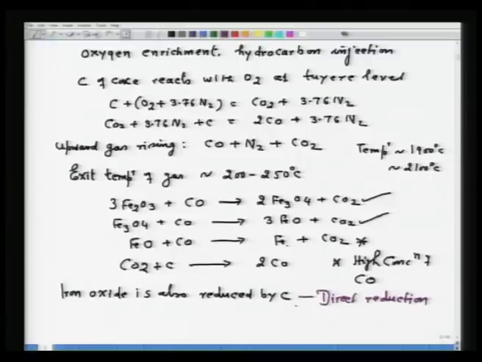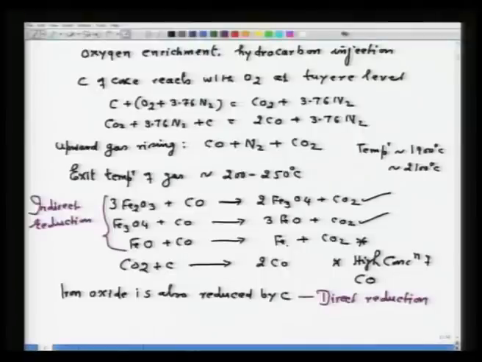This is endothermic in nature, whereas all these other reactions are called indirect reduction. So, in the blast furnace both indirect and direct reduction are going on, and an attempt is made such that the heat balance is there at every region of the blast furnace.